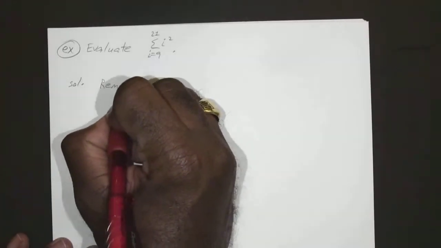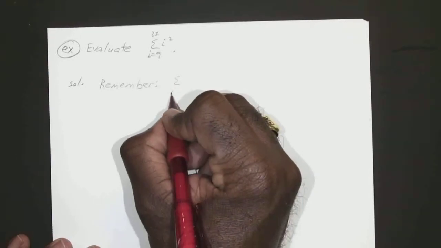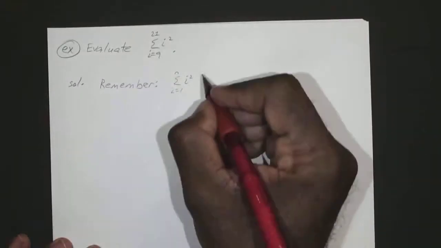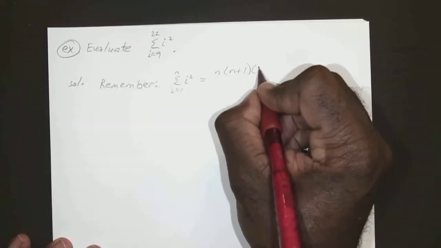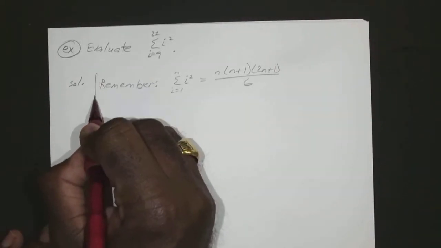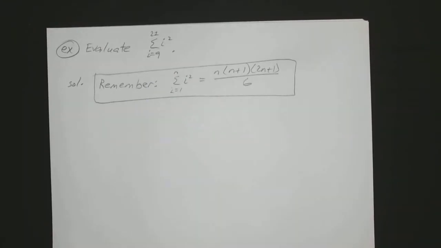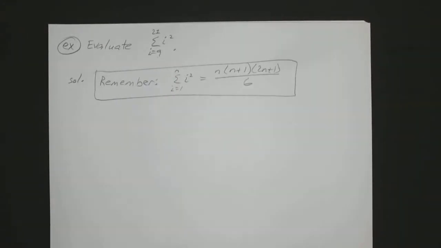All right, so with this one, you want to remember that the sum from i equals 1 to n of i squared is equal to n times n plus 1 times 2n plus 1 divided by 6. Now this one doesn't start at 1, so we have to manipulate it a little bit.